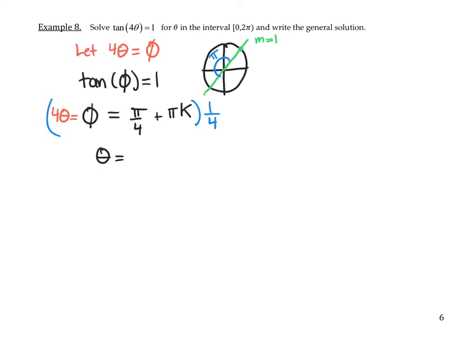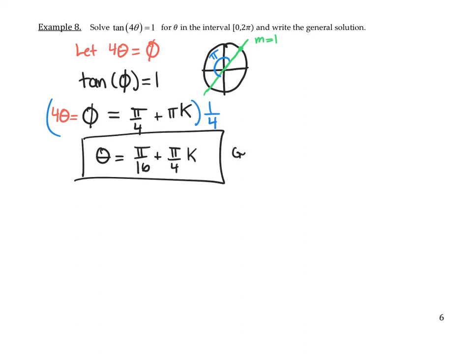So we get pi over 16 plus pi over 4 k. That is my general solution. Now notice that on a tangent, you don't ever have to find a symmetry angle because of the symmetry of the function itself.